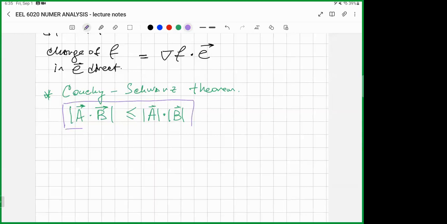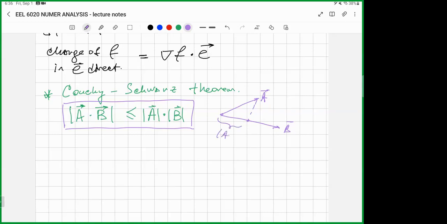Right. So it's very easy to understand, because as we discussed, the inner product of two vectors is the projection of one vector on another one. Like this vector A, this is vector B, and the projection of vector A on vector B would be this number here.